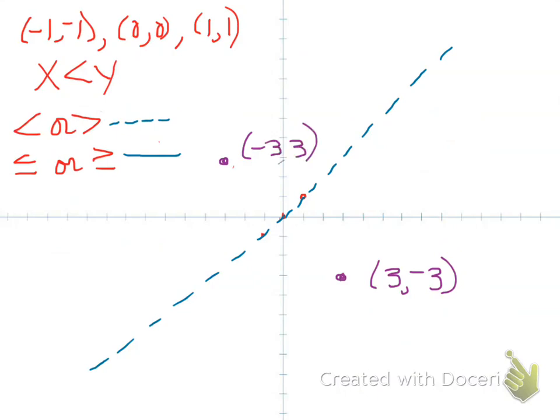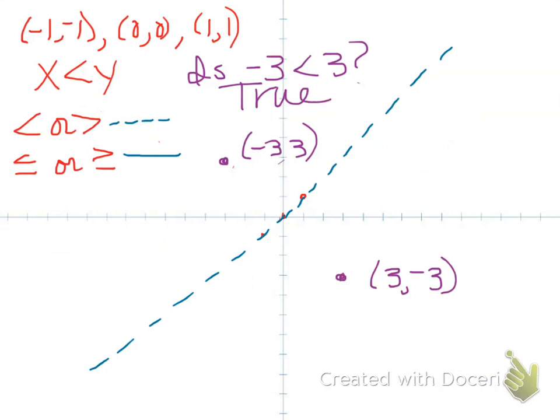Let's start with that one. We substitute these coordinates back into our initial inequality, which was x less than y. So we're saying, is -3, which is our x, less than 3, which is our y? Is that a true or false statement? Well, that is a true statement.